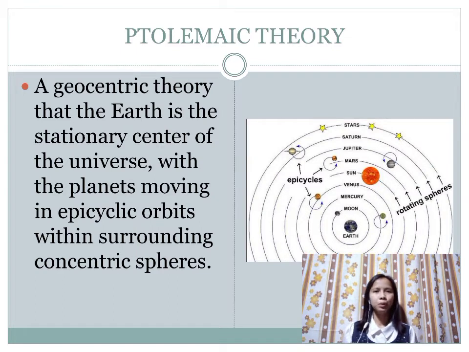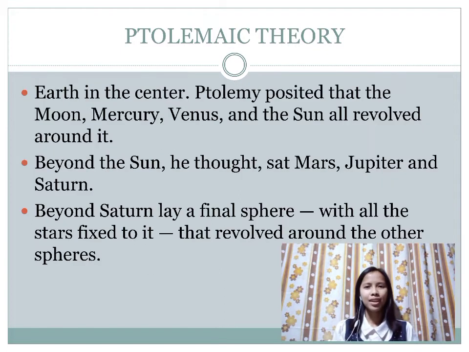Ptolemaic theory, also known as geocentric theory, was developed by Claudius Ptolemy. It accounted the Earth as the stationary center of the universe, with the planets moving in epicyclic orbits within surrounding concentric spheres. Based on Ptolemy's observations made with his naked eye, he saw the universe as a set of nested, transparent spheres.